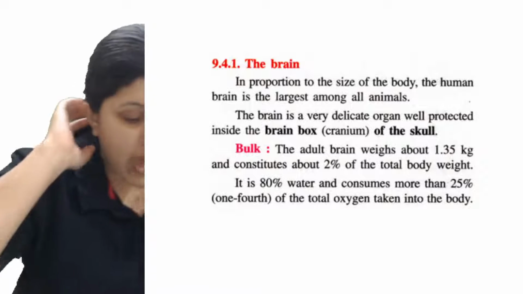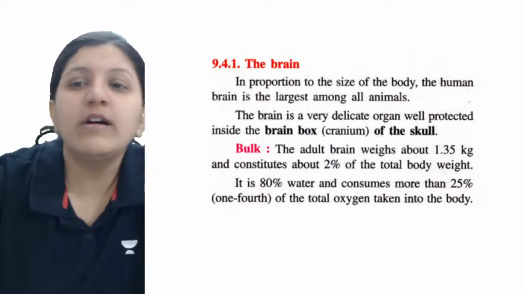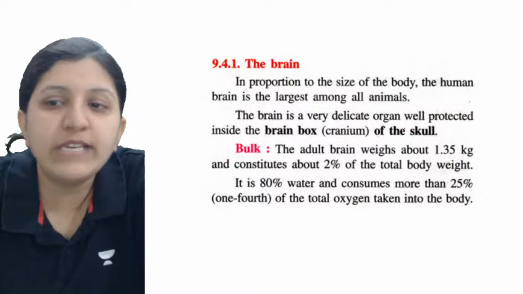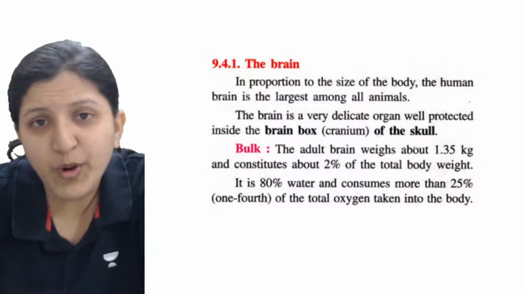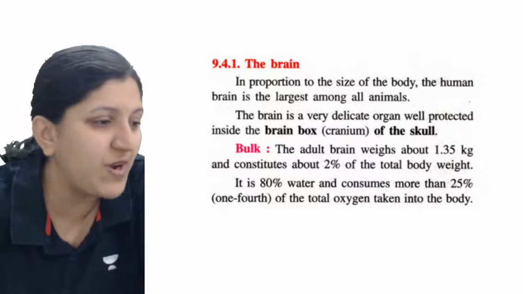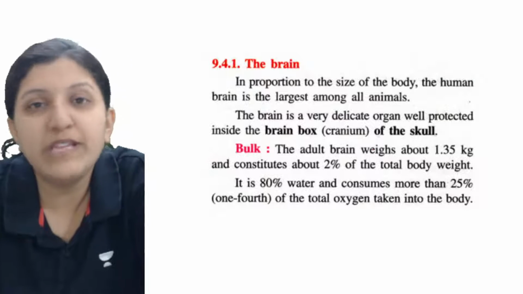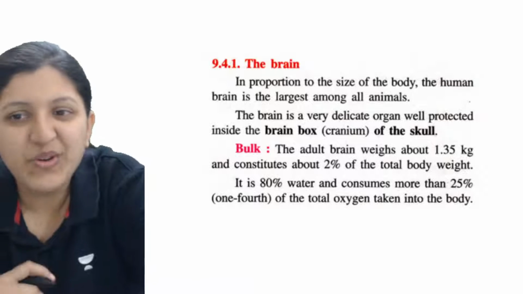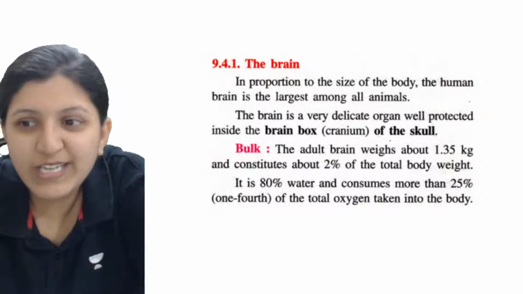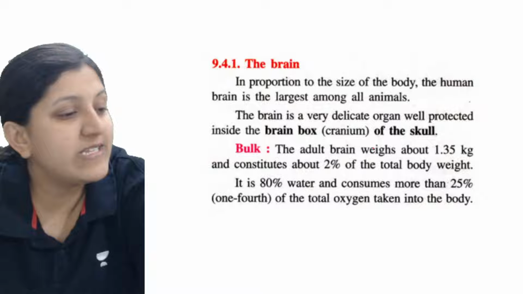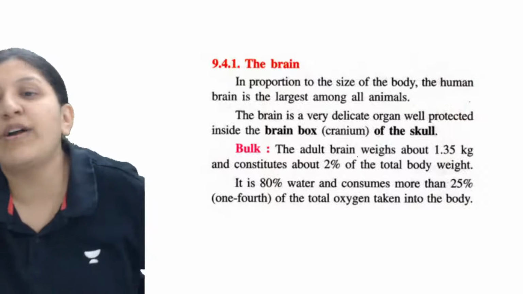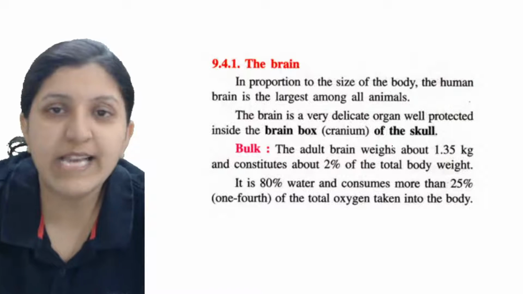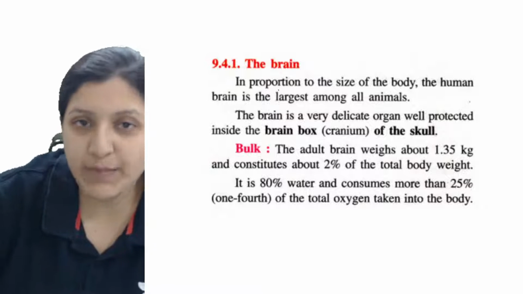Now with respect to the proportion of the size of the body, the human brain is the largest among all the animals. The brain is a very delicate organ, and that's the reason there is a brain box, the cranium of the skull, which provides the protection.